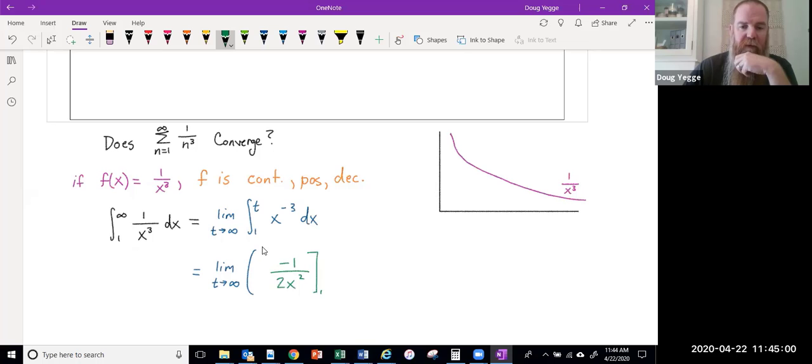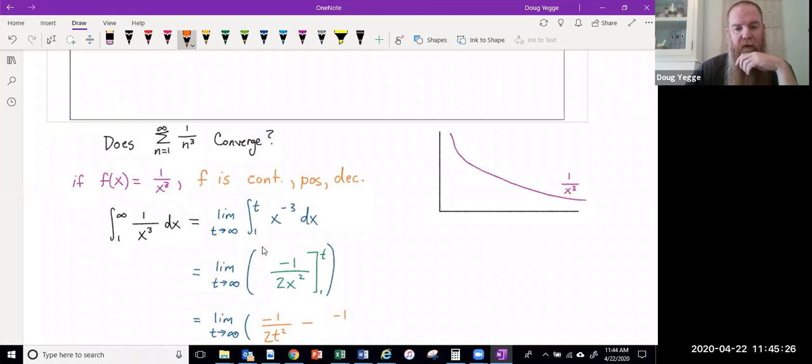Only that's going to be evaluated from 1 to t. All right, well now when we evaluate this limit after using the fundamental theorem, this becomes negative 1 over 2t squared minus negative 1 over 2.